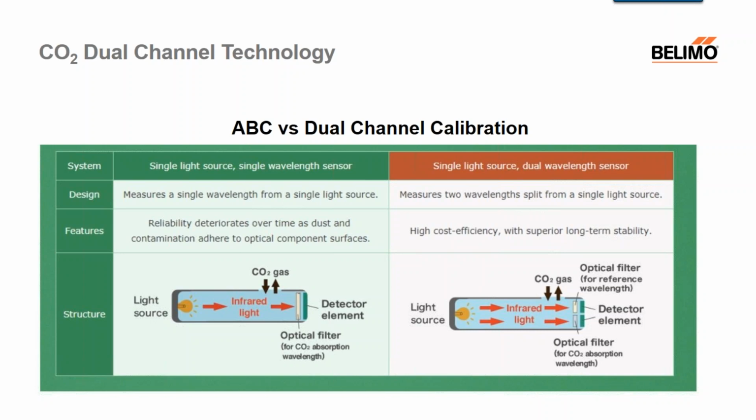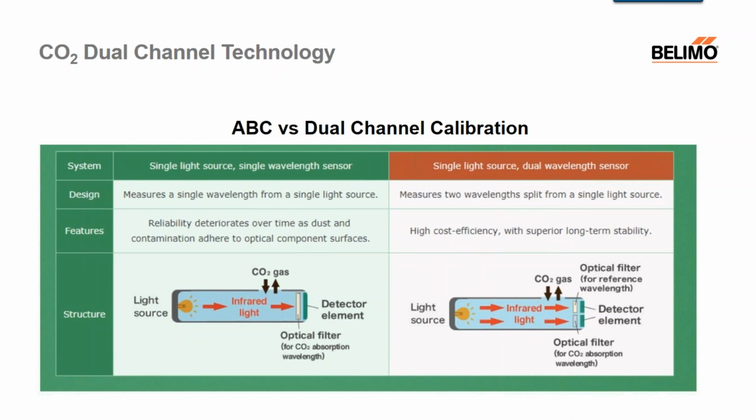The Belimo dual channel technology employs two detectors, each having a different optical filter in front of each detector. The first detector measures the intensity of the transmitted infrared light of the wavelength region that is absorbed by the CO2 gas.